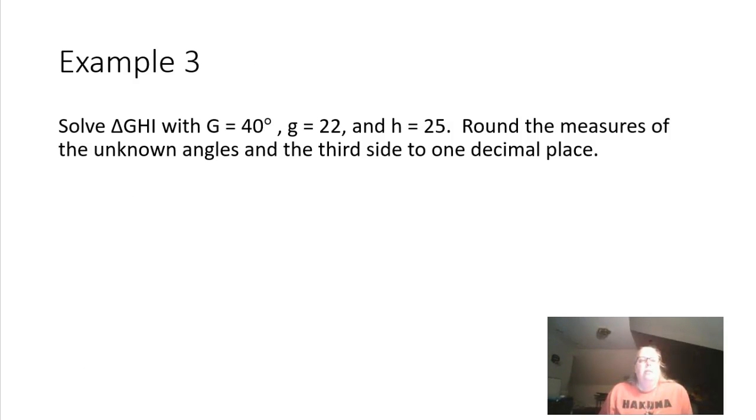Example 3, solve triangle GHI with angle G equal to 40 degrees, side G equal to 22, and side H equal to 25. Round the measures of the unknown angles and the third side to 1 decimal place. Let's start with triangle 1, and let's look at a picture of our triangle.